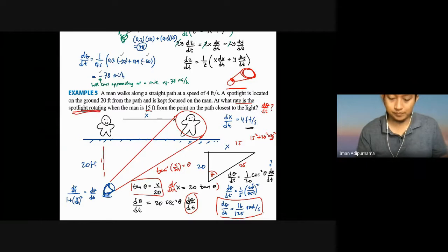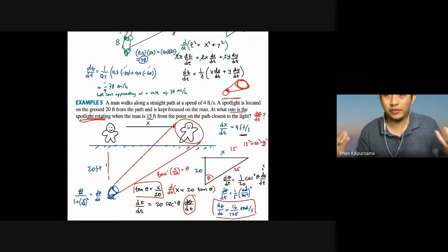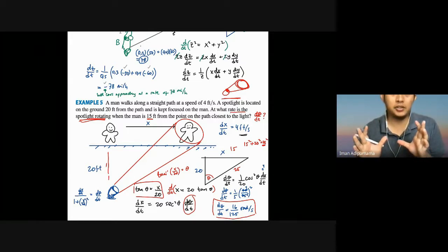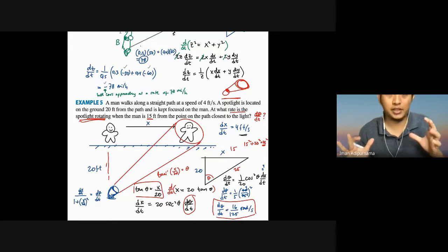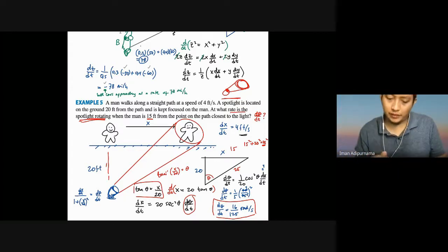Ideally, usually it will be a triangle using Pythagorean or trigonometric relations. If it is geometric, like area or volume, you will have a change in area or change in volume. Also in triangles, not only Pythagorean, we can have the law of cosines, or maybe the law of sines. I think the law of cosines is more ideal in related rates problems because it has sides and the angle. I will show you later. Maybe we will have an example about that.